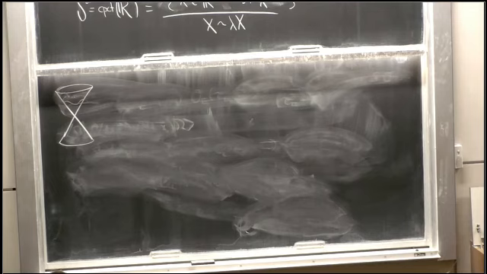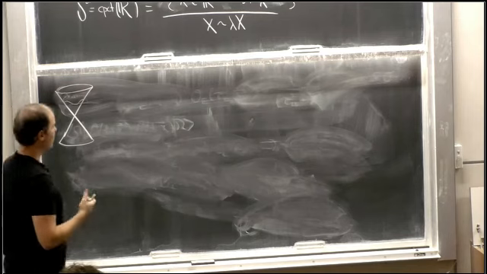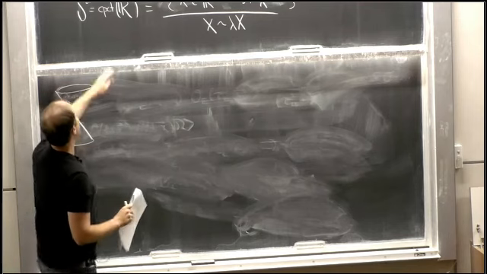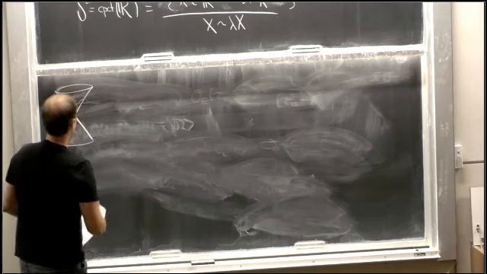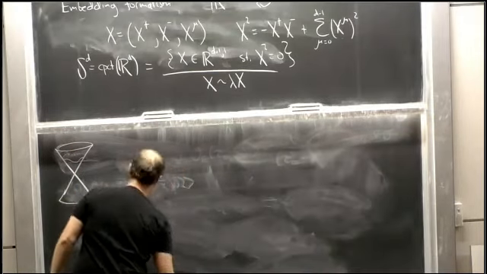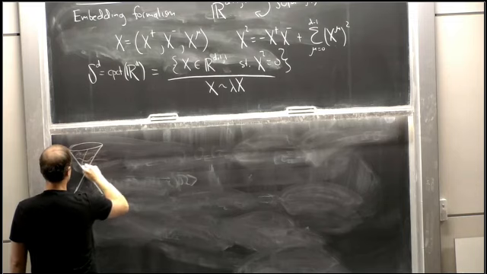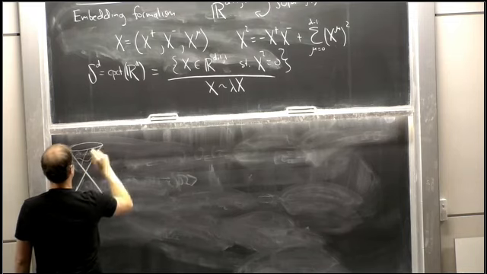And by choosing different slices, we get different conformal classes of metrics on this space. And our favorite slice is the Poincare section. It looks kind of like that.